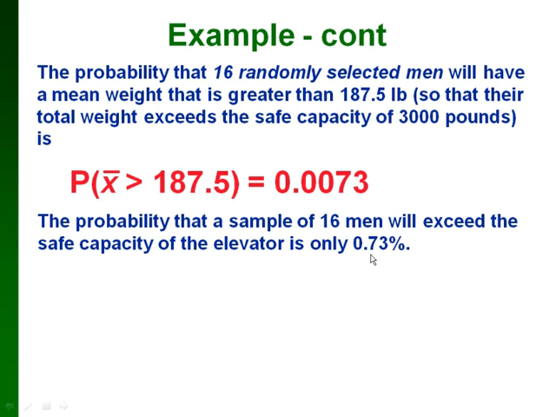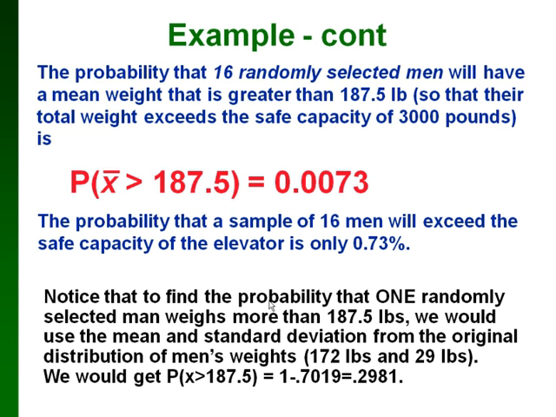So the probability that a random sample of 16 men will exceed the safe capacity of the elevator is only 0.73%. One important difference here is that we are finding the probability that the sample mean is greater than 187.5. That's much different than finding the probability that one man weighs more than 187.5 pounds. If we wanted to find that probability, we would use the mean and the original standard deviation of 29 pounds.